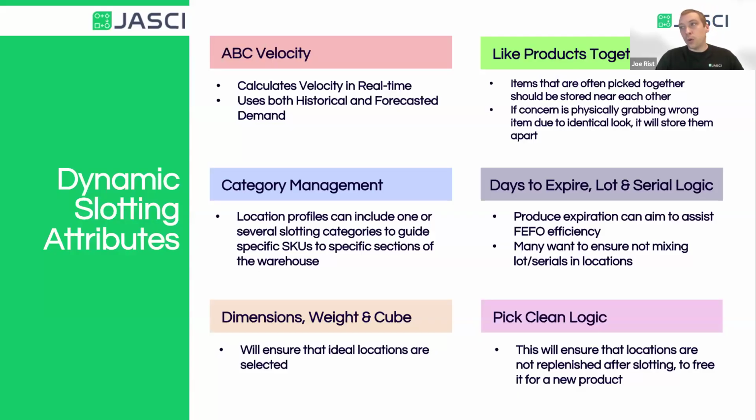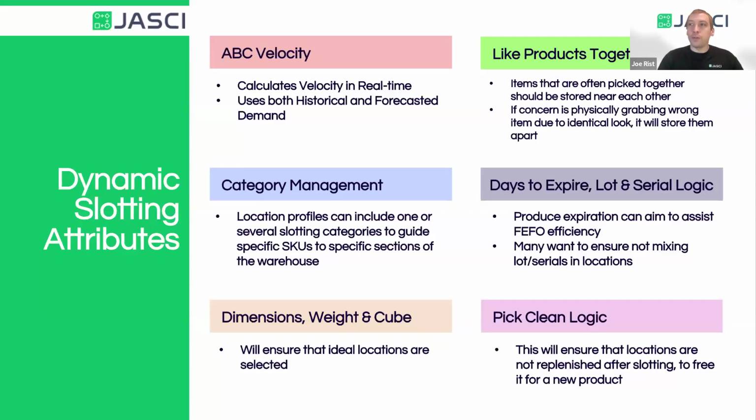And this category management with location profiles is something that I recommend to all of our customers to use, whether you're used to more static slotting or maybe you're doing it completely manual. The categories are the best way to dip your toes into dynamic slotting because you can declare groups of locations where you want groups of products to go. It's a very easy way to get some more efficiency without turning it into a science project. I'll show an example of what I mean once we go back into the system.